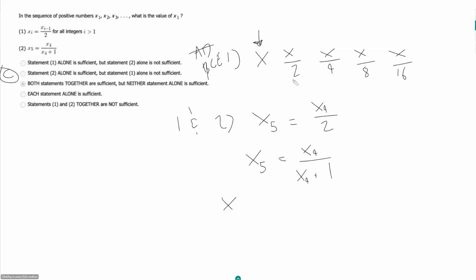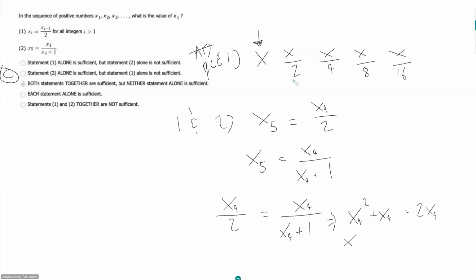So we know x sub 4 over 2 is equal to x sub 4 over x sub 4 plus 1. We can cross multiply here, and we get x sub 4 squared plus x sub 4 is equal to 2 times x sub 4.